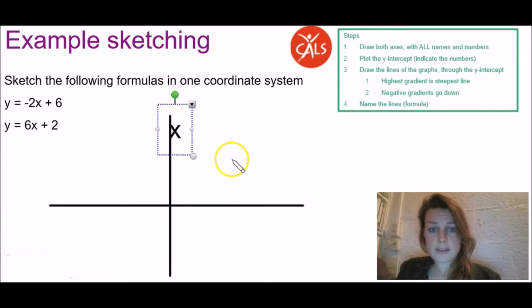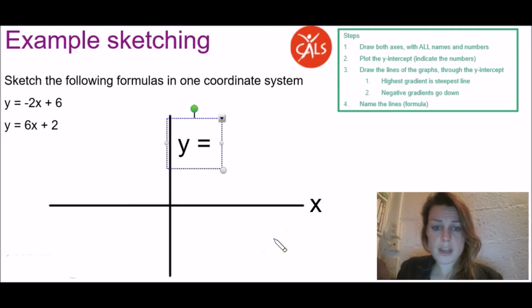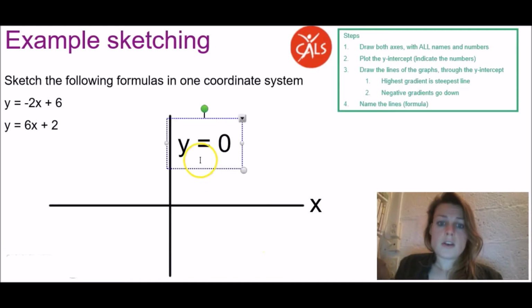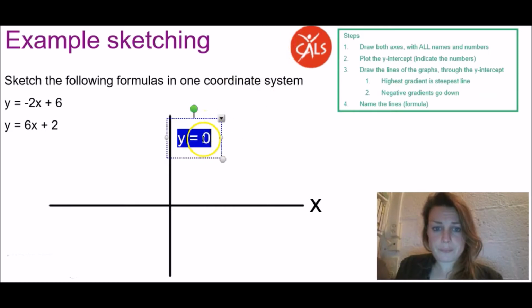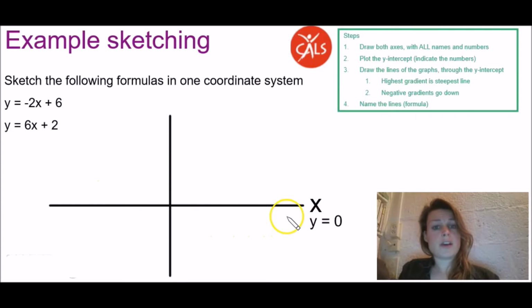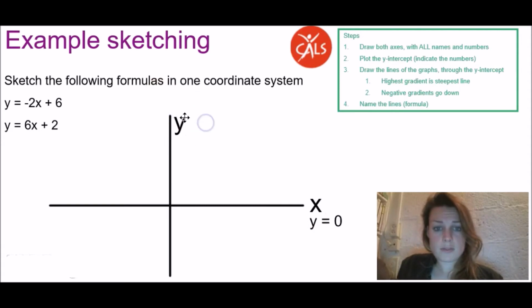So let's see, this one is of course the x-axis, and we know at that point y is 0. I'm going to make it a little smaller because it's pretty big, like this. So we know this line is of course the x-axis, but also at this whole line y is 0, and this one is of course the y-axis.